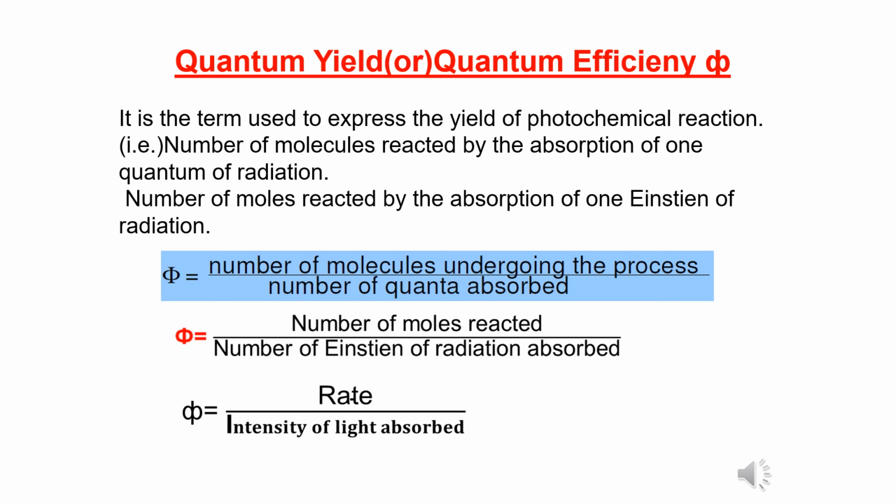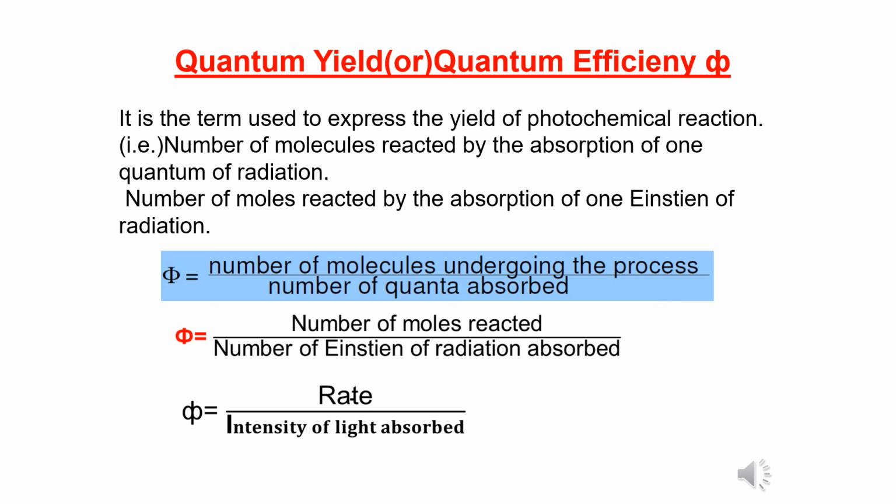Now what is the difference between quantum and Einstein? One quantum has energy epsilon equal to h nu. But in the case of one Einstein, the energy E is equal to N h nu, where N is the Avogadro number. Einstein is nothing but Avogadro number of quanta. So one Einstein is the energy of Avogadro number of quanta of radiation.